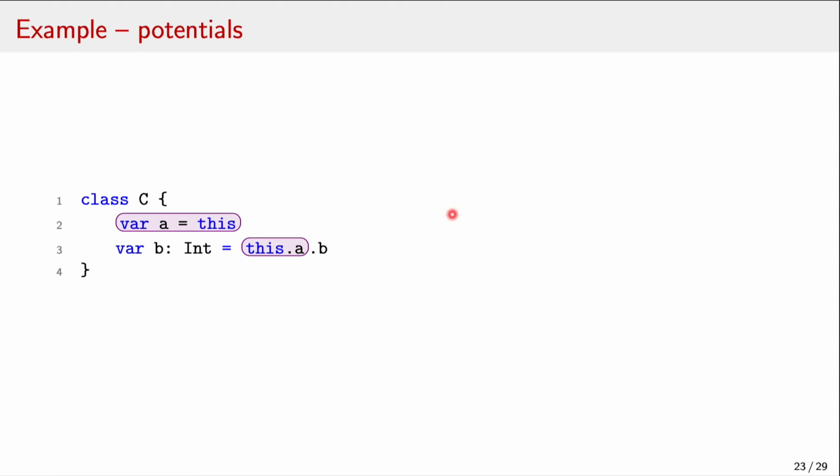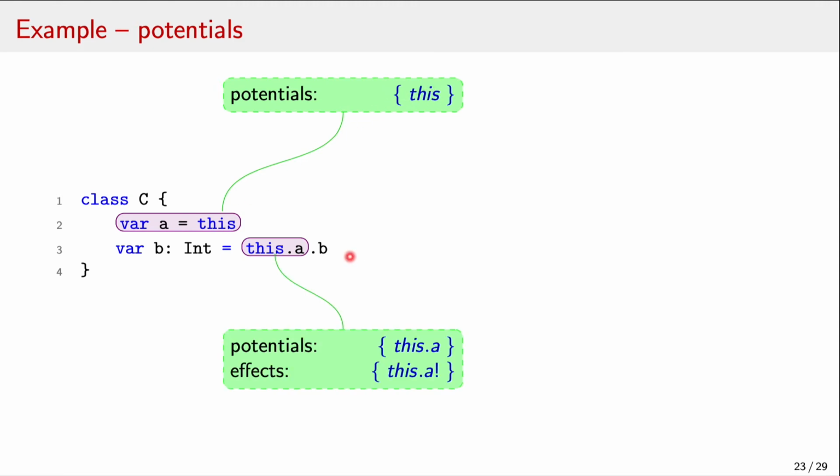Our contribution here is to introduce the concept of potentials to control aliasing in a type and effect system. We illustrate the idea with this code example. Here, the field a is an alias of this. Thus, we associate it with the potential this. The expression this.a has the potential this.a, which is a proxy to the actual potential of a, which is this.